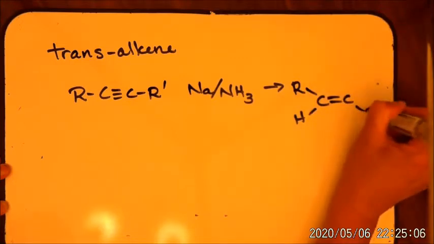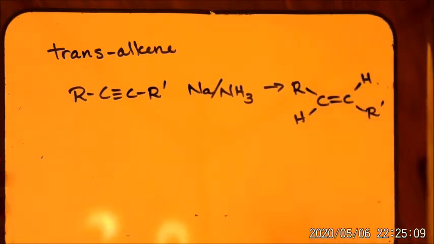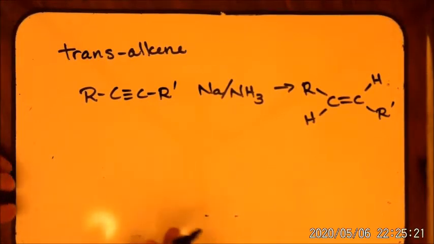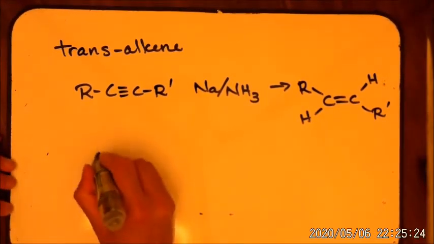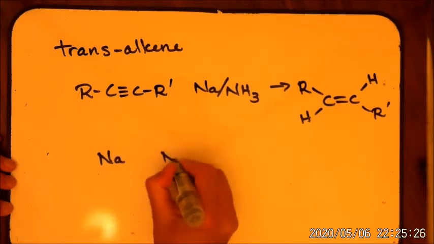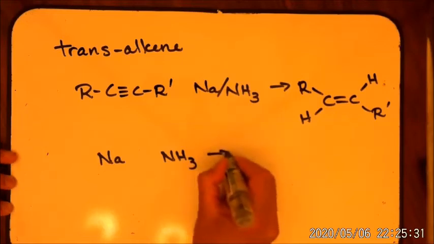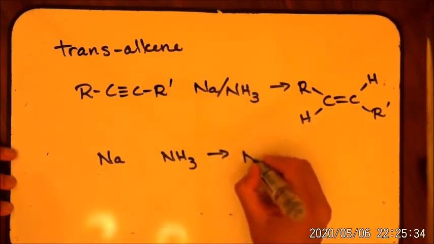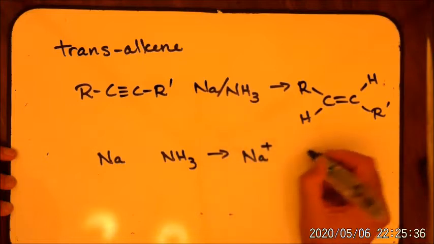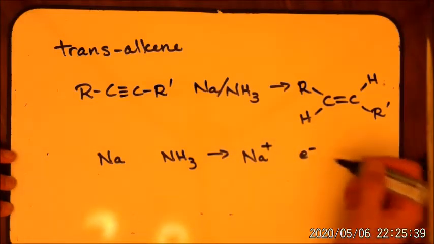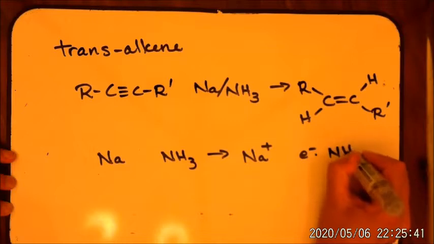And you get a trans alkene. Okay, so what is happening here? Let me just give you the first step of the mechanism before I erase the board. When you have ammonia and sodium metal, what you get is your sodium ion and your electron complexed with ammonia.